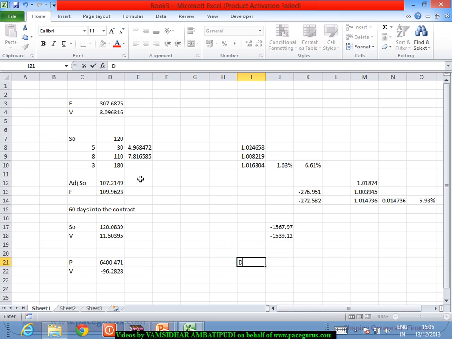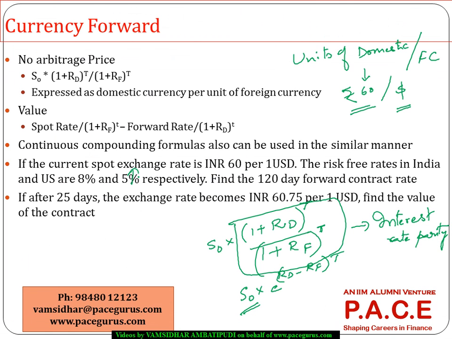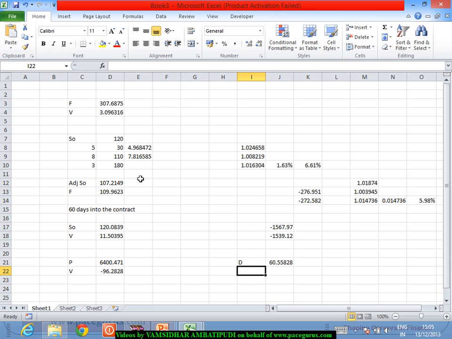Probably if I am going with a discrete mechanism, I can say the forward is 60 into 1.08 by 1.05, because (1 plus RD) by (1 plus RF) to the power 120 by 365. So on a discrete mode, the forward rate on the exchange rate is going to be around 60.56.